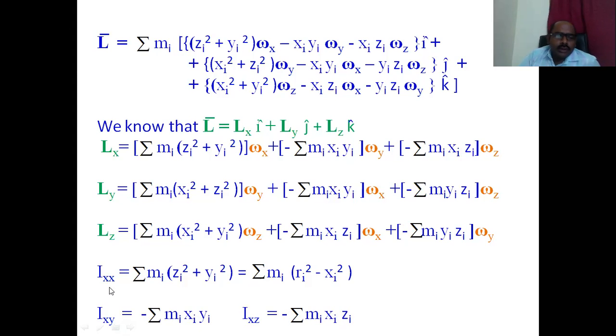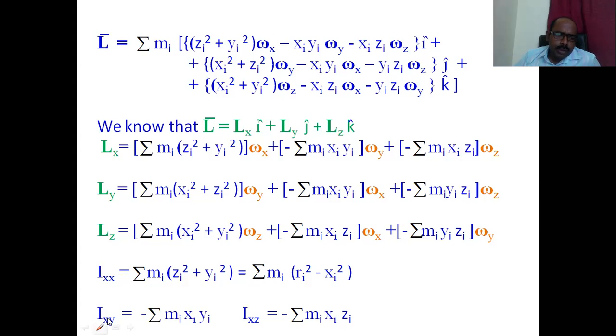If in the suffix the parameters are the same, those are called principal moments of inertia. That means Ixx, Iyy and Izz are the principal moments of inertia.